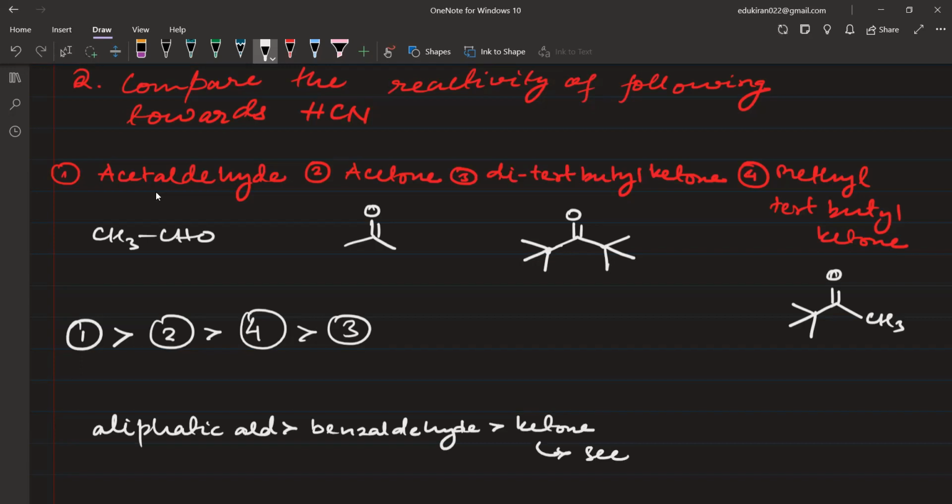Inside ketones, if you have bulky groups, reactivity is less. Similarly, in aldehydes also, if you have large bulky groups attached, it is going to be less reactive. But aldehydes are always going to be more reactive than ketones. Please write this down.